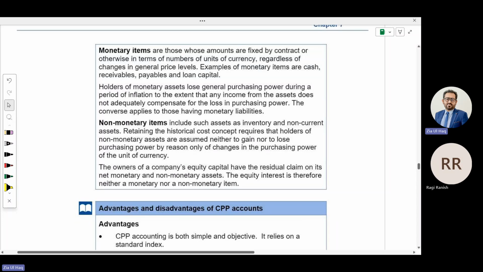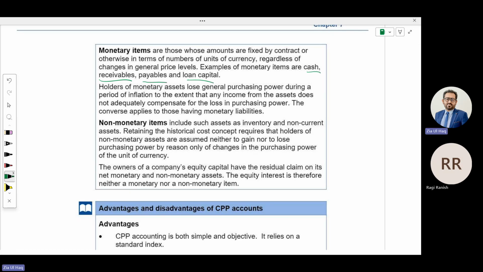What are monetary items? Cash, receivables, payables, loans. If we have obtained a loan from the bank, whatever the amount of the loan, we need to pay back that amount in the future. Whether that amount has the same value, or lesser or more, we need to pay the same loan amount. If we have a receivable, we will receive the same amount from the customer in the future.